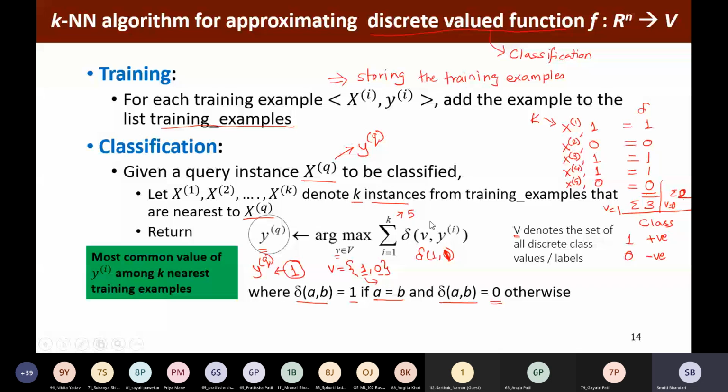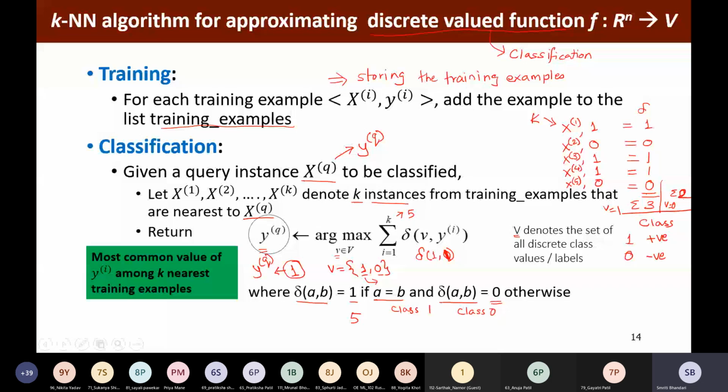Even though this expression looks complicated, what we are trying to do in simple words is, out of k instances, we are finding the number of instances belonging to each class label. So if we have 2 class labels 1 and 0, out of 5 we are simply finding how many belong to class 1 and how many belong to class 0.